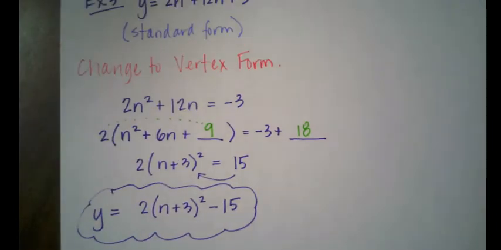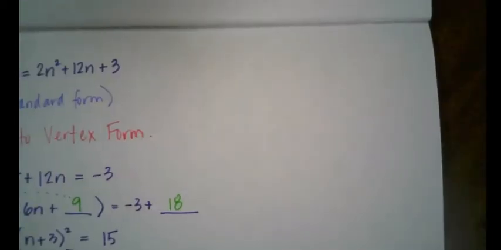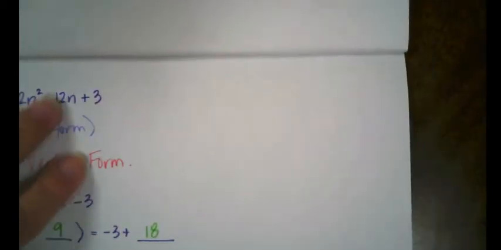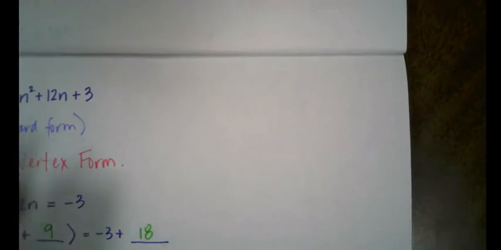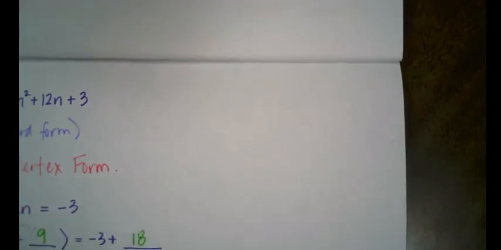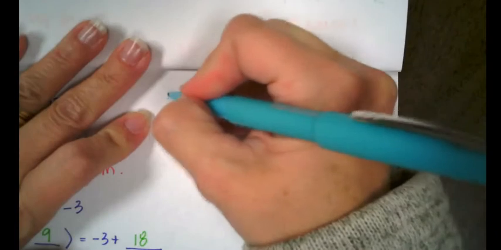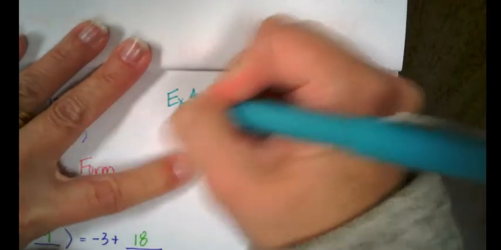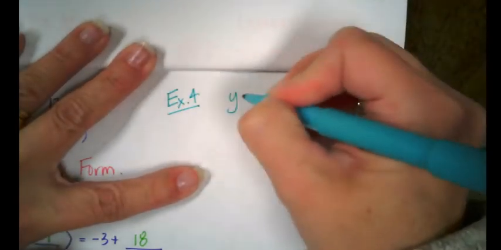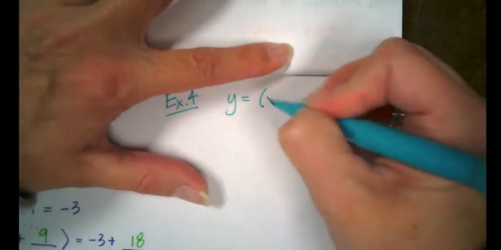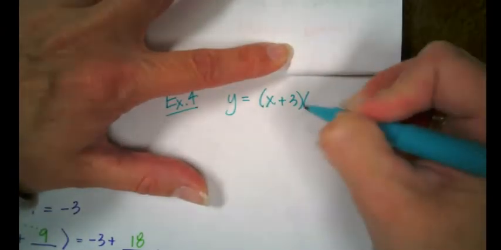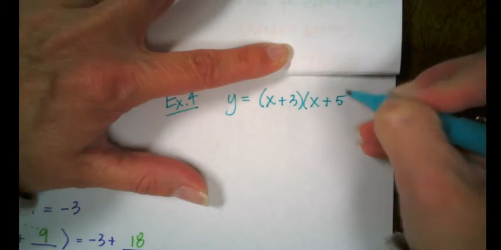All right, so last example, example 4. Let's start with x plus 3 times x plus 5.